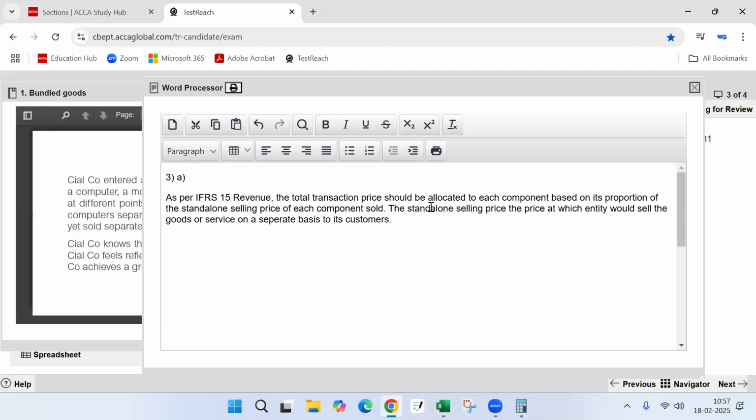As per IFRS 15, the observable price of a good or service sold separately provides the best evidence of a standalone selling price. So if you are separately selling a particular product, that price identifies the standalone selling price.